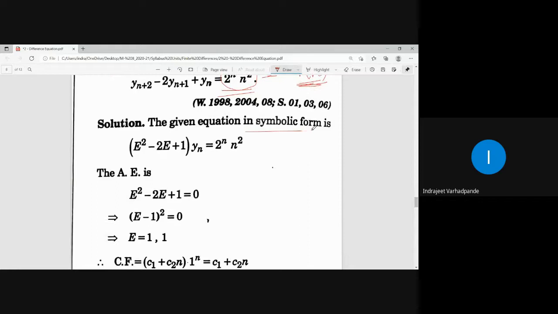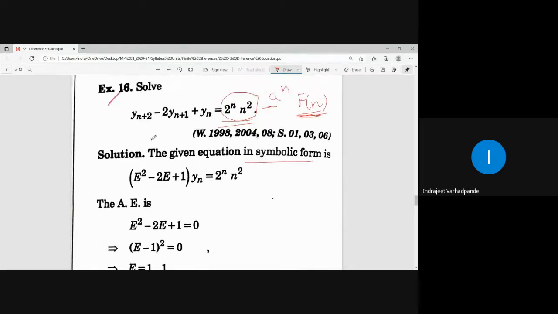So the given equation in symbolic form, as every solution will have two parts. Whenever there is a RHS of some kind, we have the complementary function and the particular integral. So y(n+2), y(n+1), y(n) can be E square y(n), E y(n) and y(n). Accordingly I can write the given equation as E square minus 2E plus 1 whole multiplied by y(n) equal to 2 to the power n into n square.